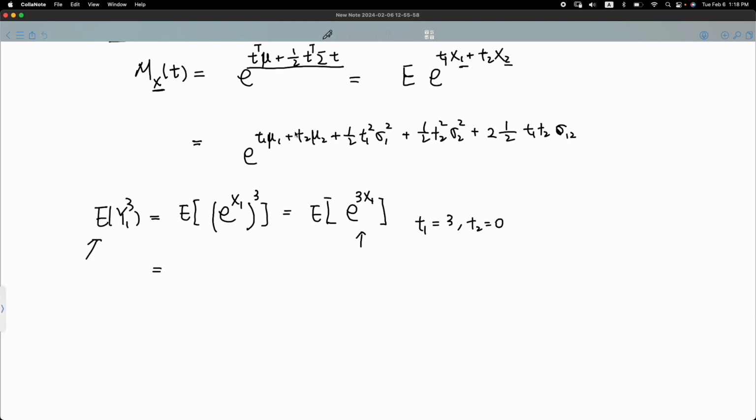Now we're just going to borrow this copy here and plug in the things that we recognize with T1, T2. So T1 is 3 multiplied by mu1 as a scalar, plus 0 multiplied by mu2, plus 1/2 times 9 sigma 1 square, 0 and 0. Okay, so that will be our final solution for y1 cube.